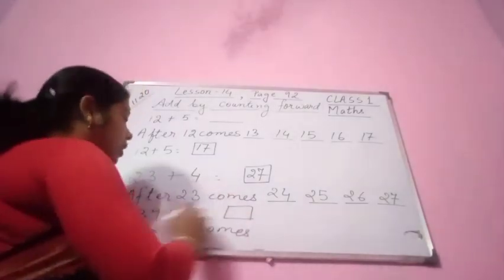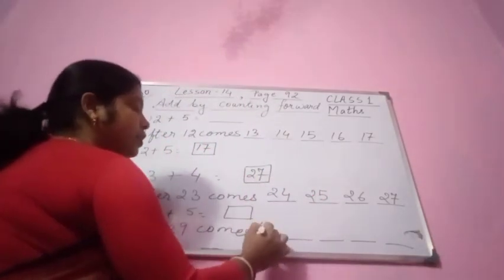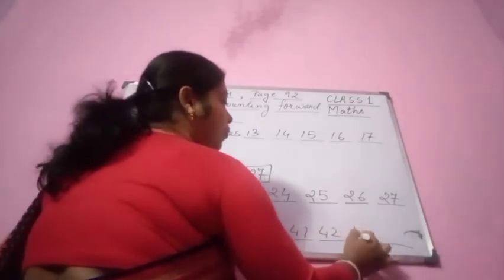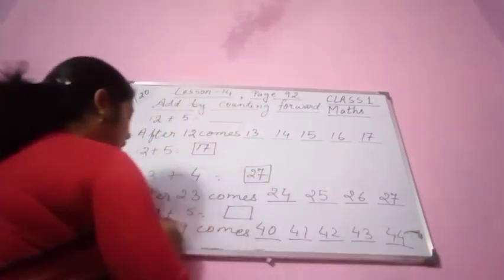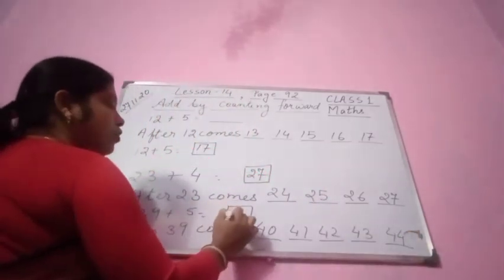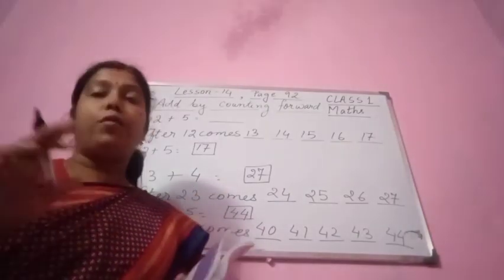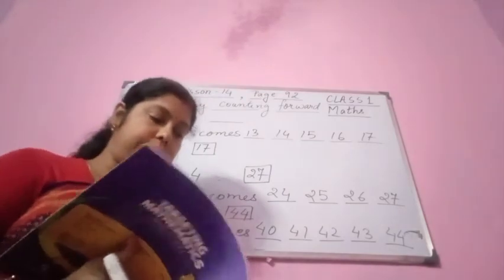So 5 blanks you give. 1, 2, 3, 4, 5. After 39 what comes? 40, 41, 42, 43, 44. See the last number, 39 plus 5 equal to 44. In which process are we doing this? We are counting it forward.